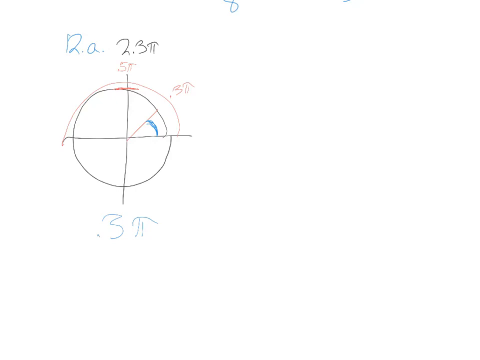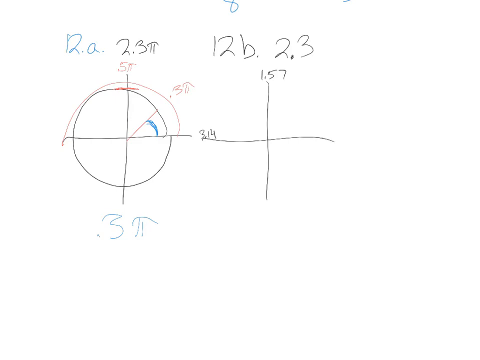All right, 12b. 12b is 2.3. Now we're in radian measurement without the pi. So let me refresh your memory. This is 3.14. This is 1.57. Remember?